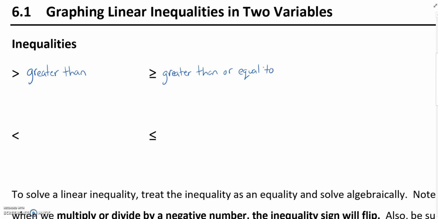So then this would be the less than and less than or equal to. So remembering that an inequality, not an equation, means that there's no equal sign there. These are the symbols that you'll see instead.